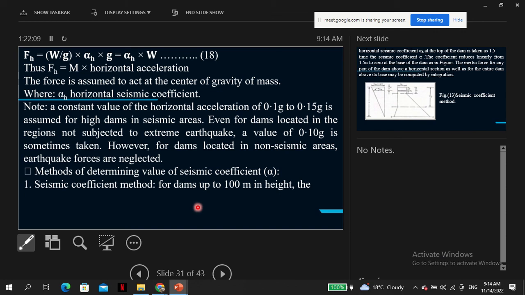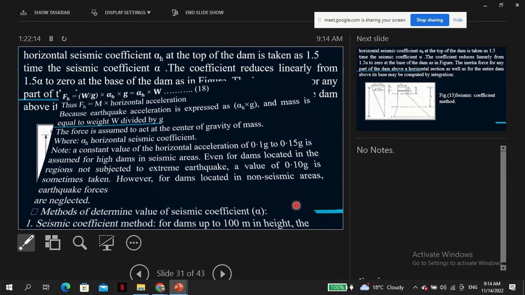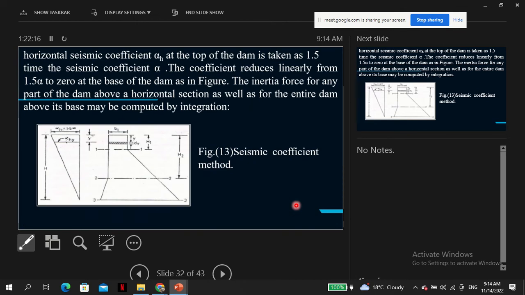Seismic coefficient method for dams up to 100 meters in height: the horizontal seismic coefficient alpha h at the top of the dam is taken as 1.5 times the seismic coefficient alpha. The coefficient reduces linearly from 1.5 alpha to 0 at the base of the dam, as shown in the figure. The inertia force for any part of the dam above a horizontal section, as well as for the entire dam above its base, may be computed by integration.